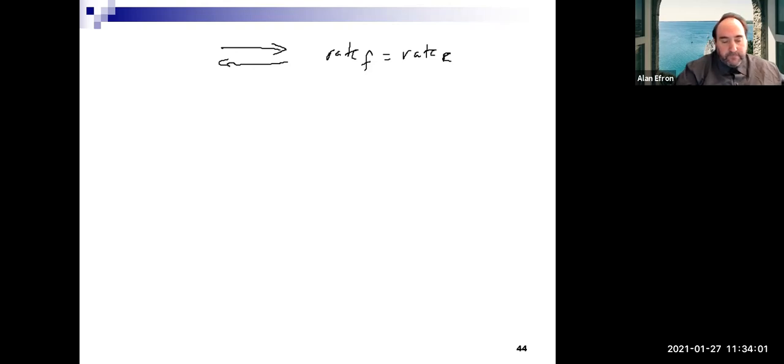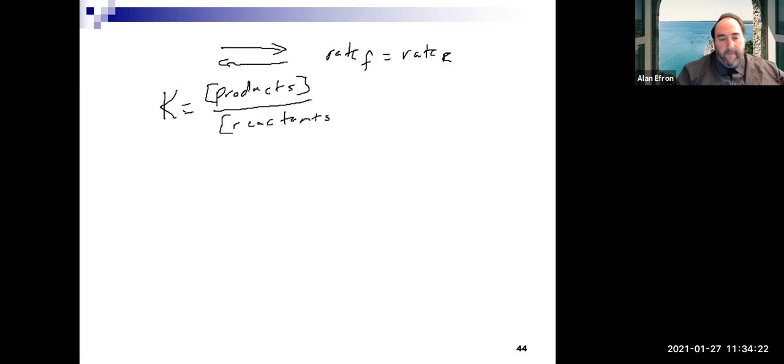Now, we talked about a relationship that you can have in a reversible reaction like that, which is the equilibrium constant, and that is K. That's capital K, which is basically our products divided by our reactants. And we also use the coefficients in the balanced equation as the exponents.